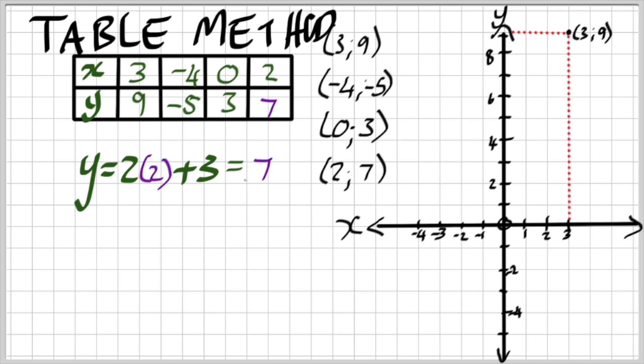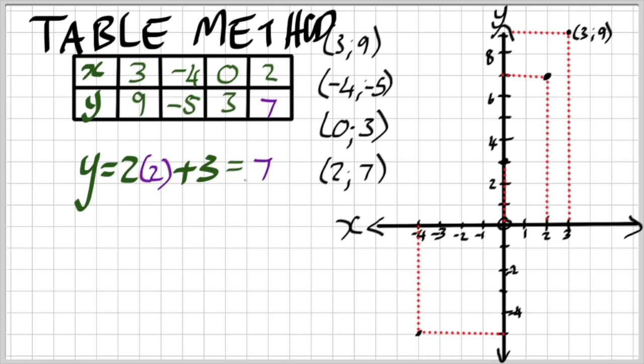The same with negative 4 and negative 5. Where they cross, there's another set of coordinates. Okay? And so I can plot every one of those like you see there.